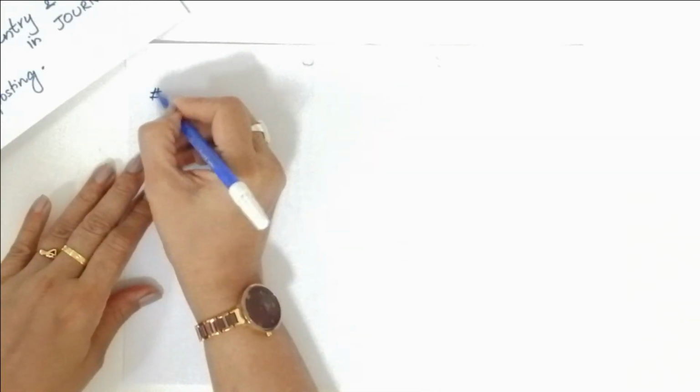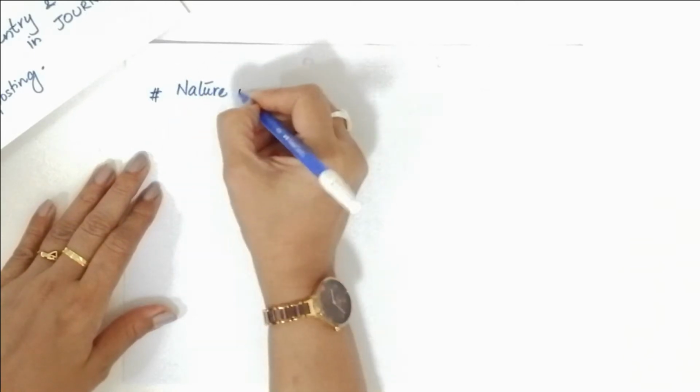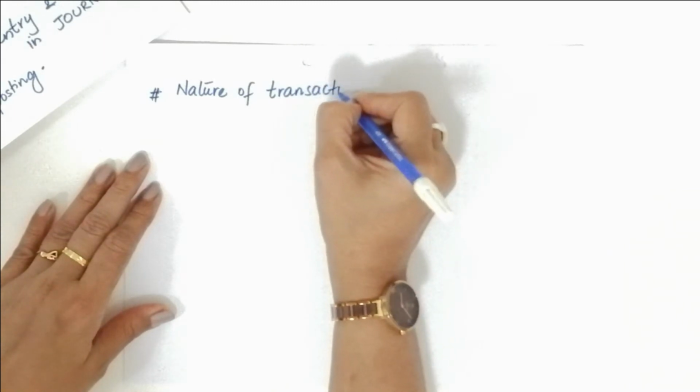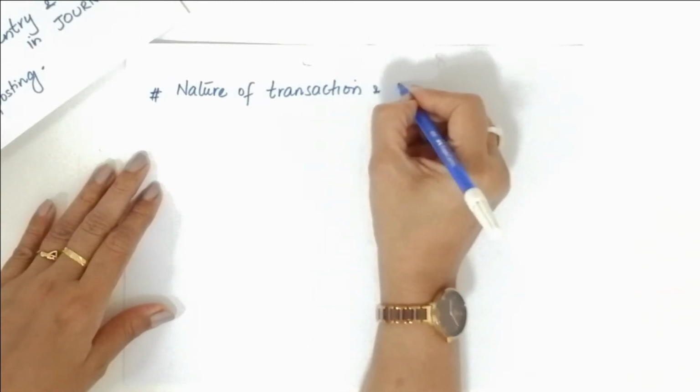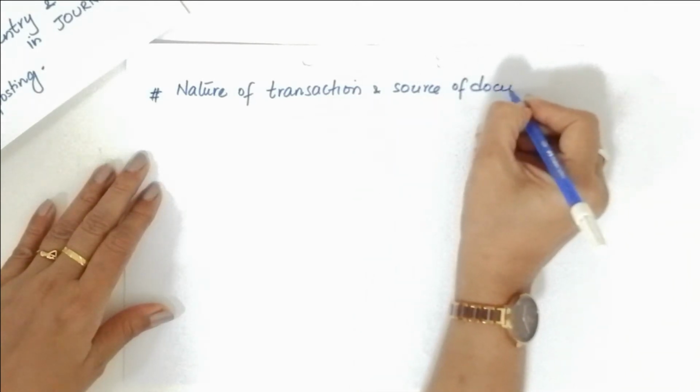Now, we move to the first point. The first point I'm going to deal with is, as I told you, describe the nature of transaction and source of documents.